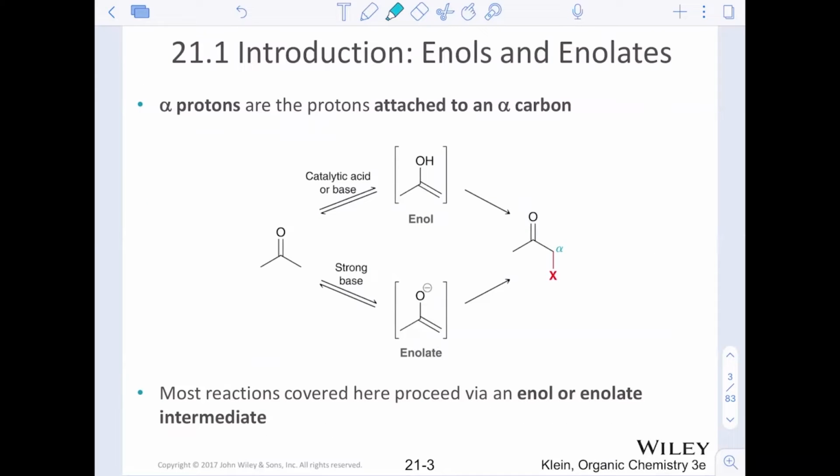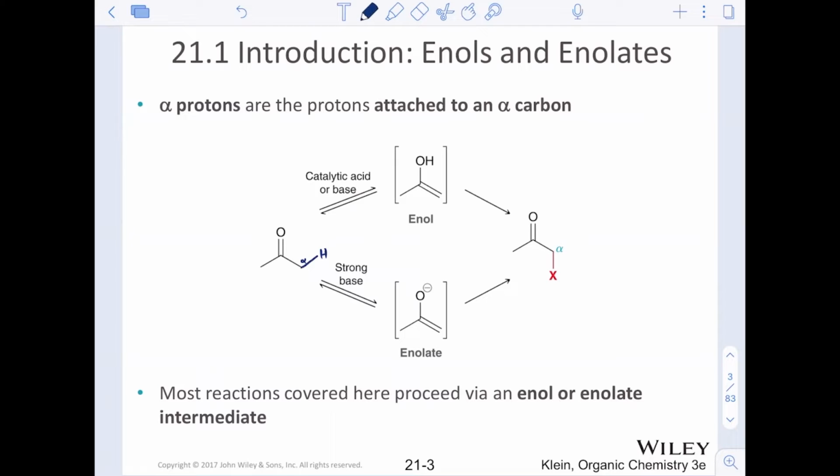So alpha protons are the protons attached to the alpha carbon, right? So we can say if this is an alpha carbon, it's adjacent to the carbonyl, that hydrogen is an alpha proton, right? Now, we remember, hopefully, that enols can be produced in certain reactions of alkynes.